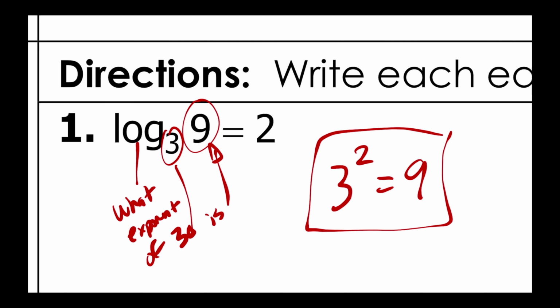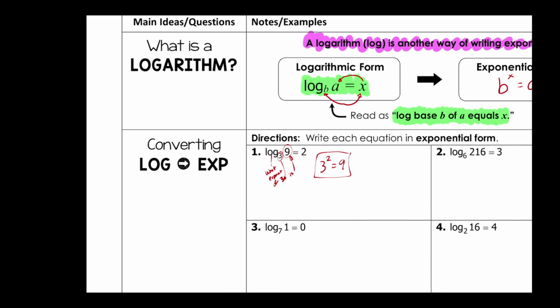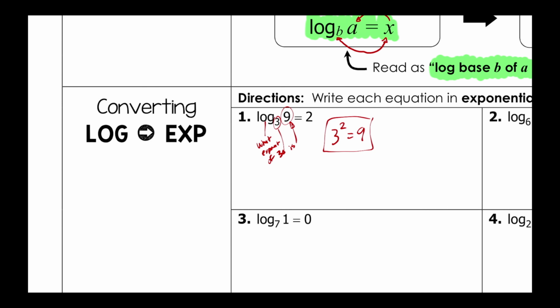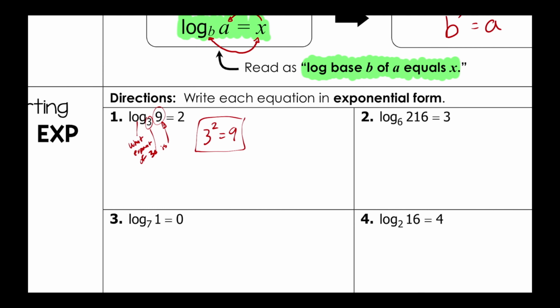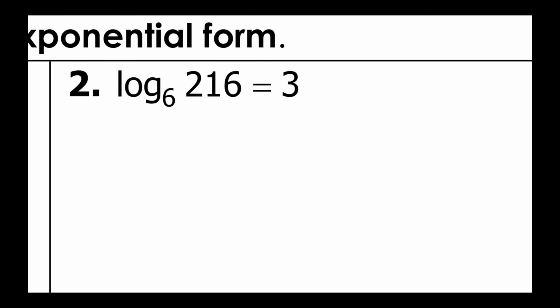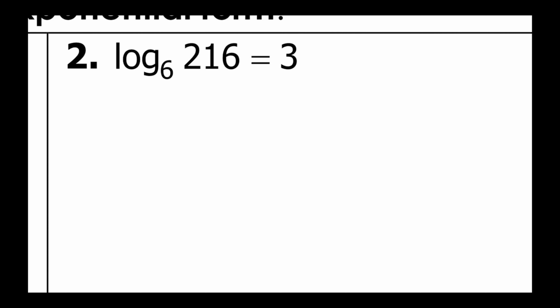Okay. So let's try a few of these. All we're going to do right now is converting. I'm going to give you a log, and you're going to convert or translate it to an exponent. So let's look here. How would this translate into an exponent? Go ahead and try it.